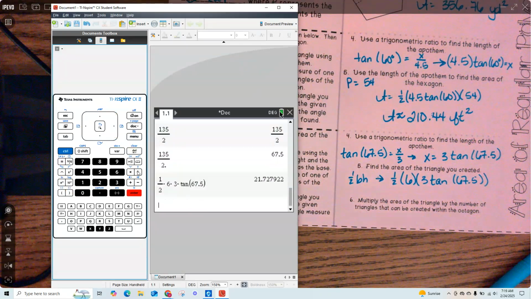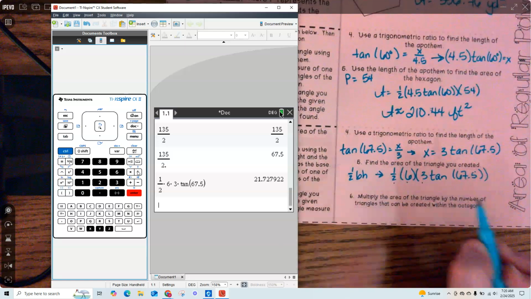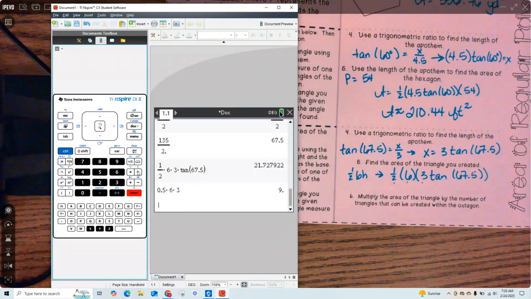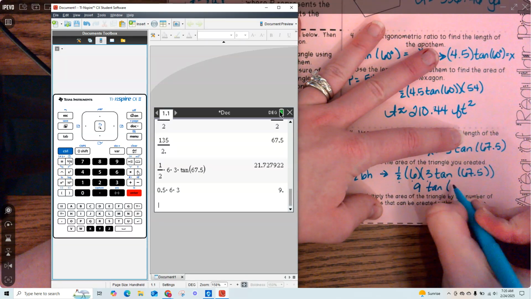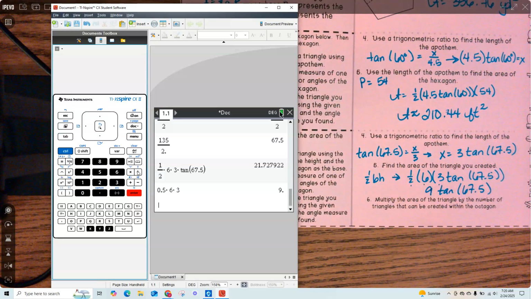Okay. And so again, we get a decimal, so I don't want to mess with that decimal. What I can do is multiply these coefficients. I can do half times 6 times 3, and what I get is 9, and then that tangent 67.5 is still there. That's the area of the triangle.